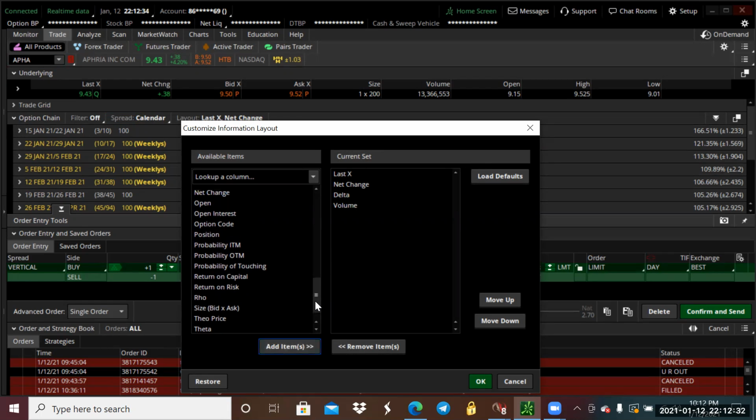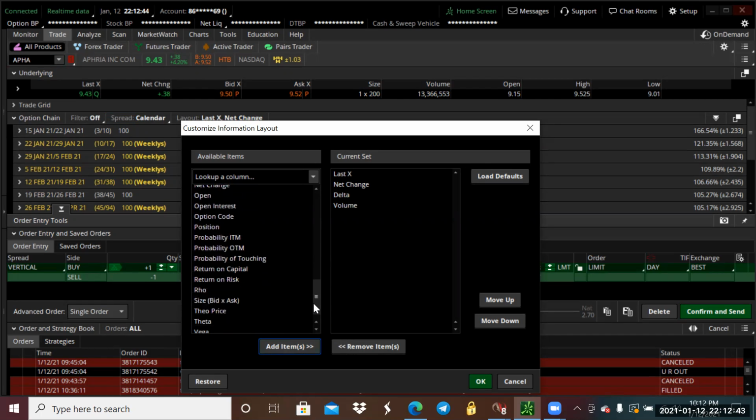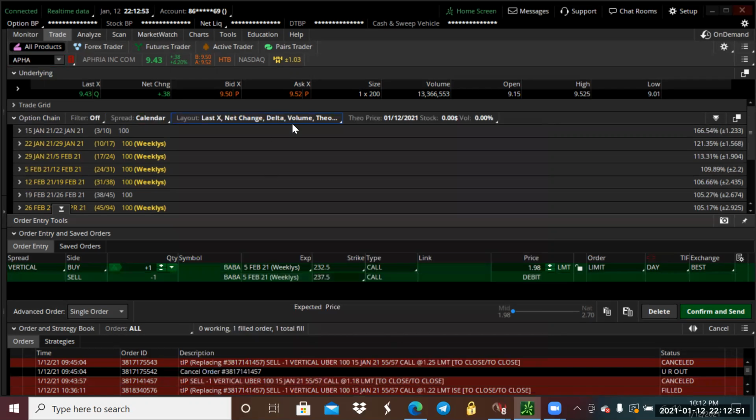And then the theta, sorry, not the theta. What I was thinking about is called TO price. TO price is the actual price on there. And that's what you're going to have there. You can actually save it, and it'll pop up every time.